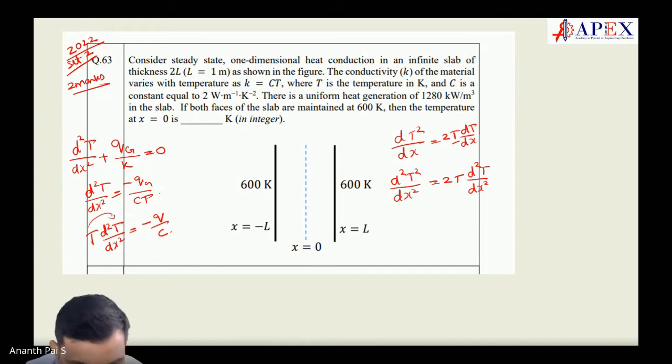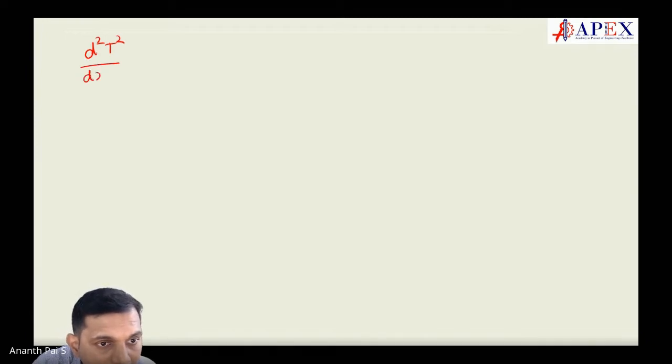So let us have this as the equation. We will write it as d square t square divided by dx square, minus q by c.